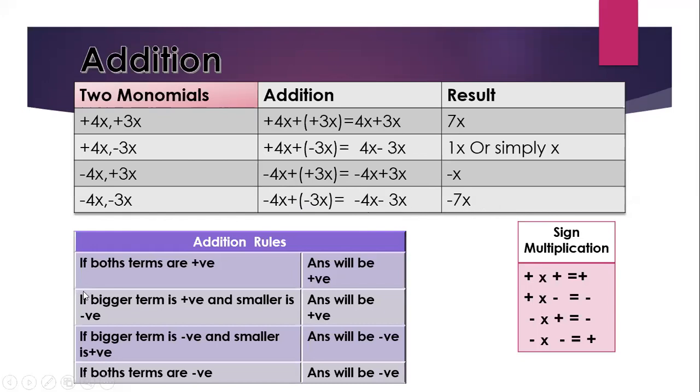These are the rules for addition. When both the terms are positive, the answer is positive. When both the terms are negative, the answer is negative. When the bigger value is positive, the answer will be positive. When the bigger value is negative, the answer will be negative.